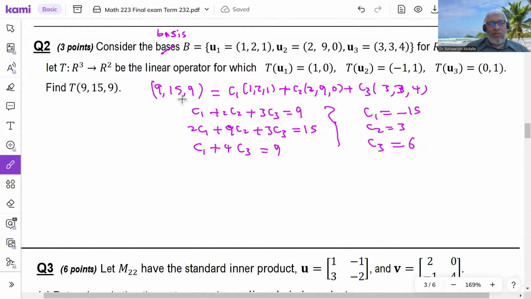After you write (9, 15, 9) as a linear combination of U1, U2, and U3, now you can find T of (9, 15, 9).